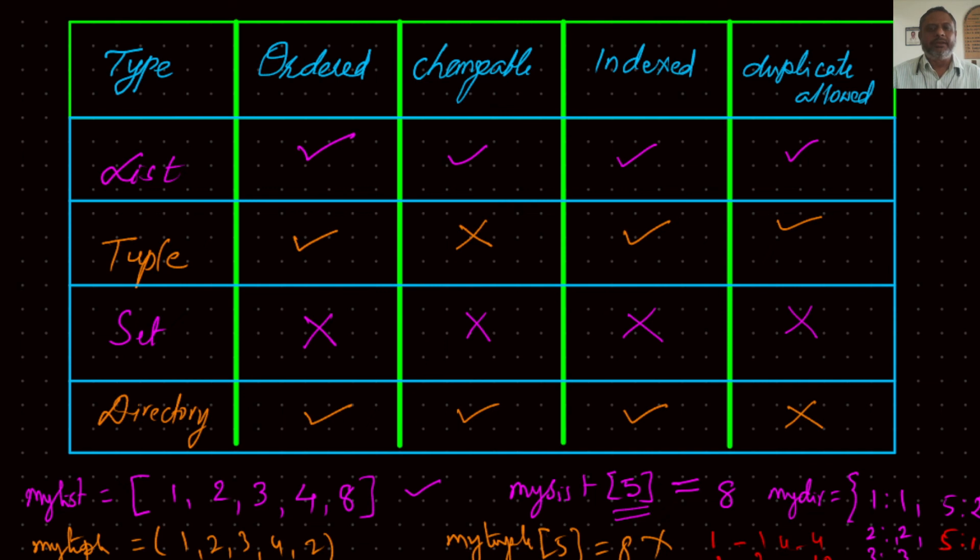The data once entered is going to remain stable and won't be changed accidentally, and hence in such cases we would prefer to go for a tuple. Large data, no modifications expected, then prefer a tuple because it's going to occupy minimum space.